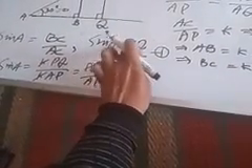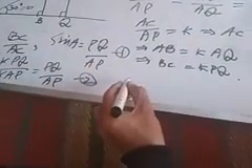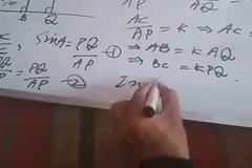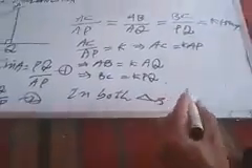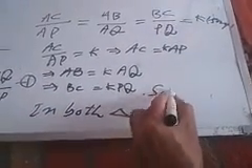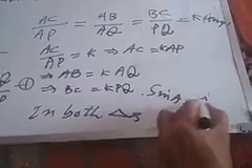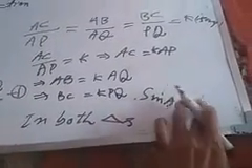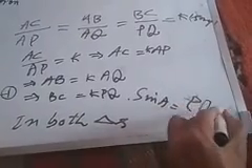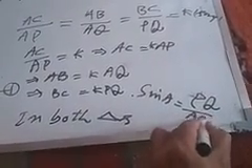This is second. From first and second, from the first equation sine A equal to BC by AC, from the second sine A equal to PQ by AP. So in both triangles, sine A is the same.